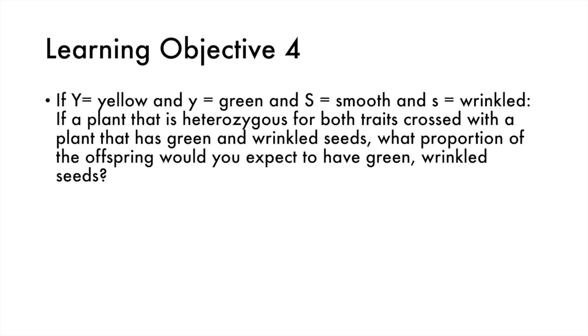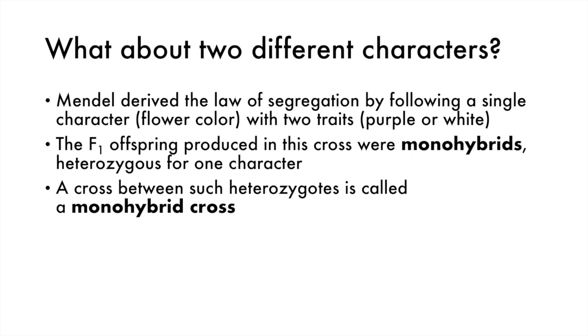Okay, so before we can actually answer the question, let's talk a little bit about what happens when we have two different characters. So remember, with the purple and white flowered peas, Mendel is able to demonstrate the law of segregation, that when the parents produce gametes, if they have different forms of a gene or different alleles or different traits for a character, when they pass them on, those two different versions are going to separate, and then at fertilization, you're going to have one copy of the trait from each parent.